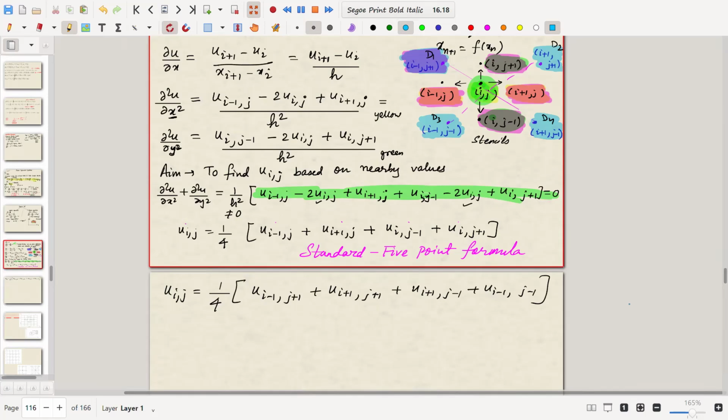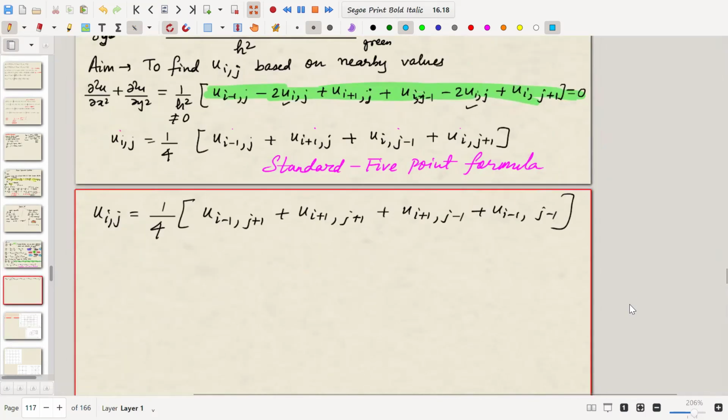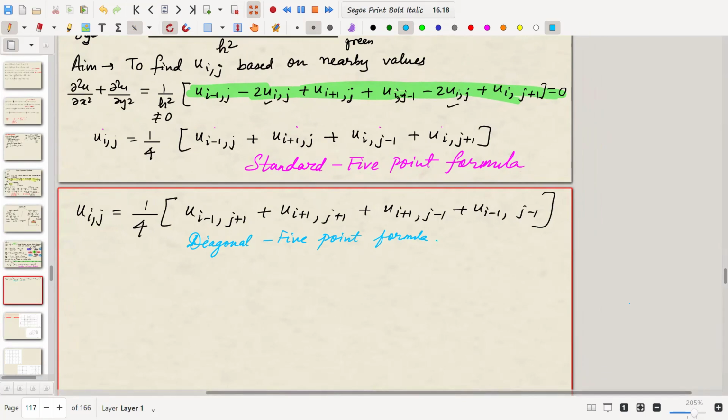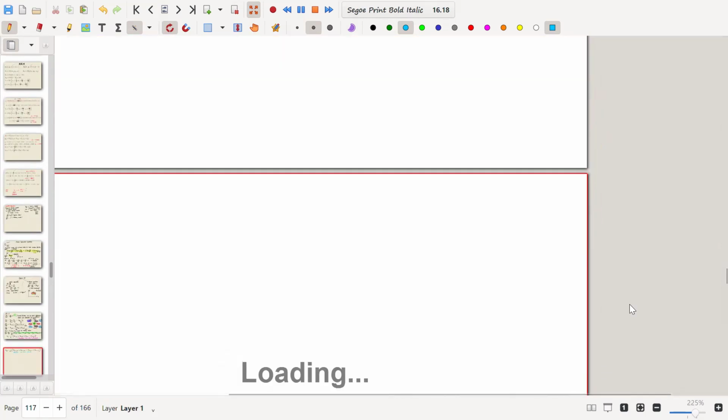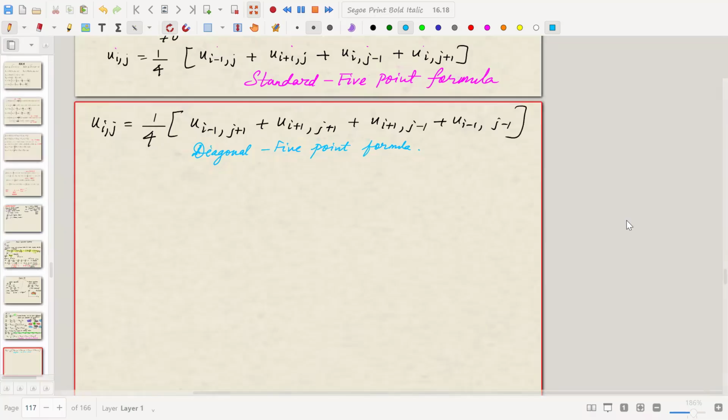Okay. So I hope this is clear. Now, since you're considering these diagonal points, this is known as the diagonal 5-point formula.